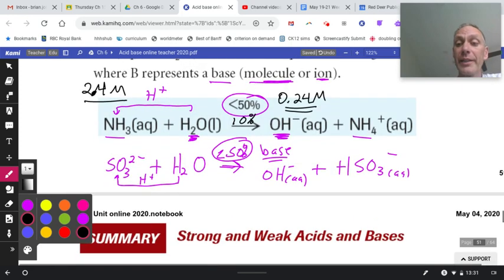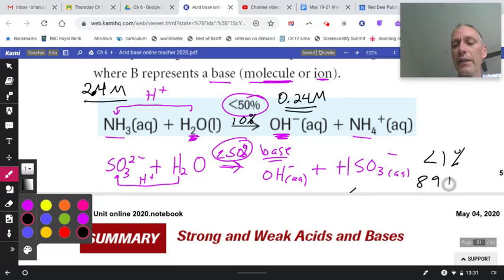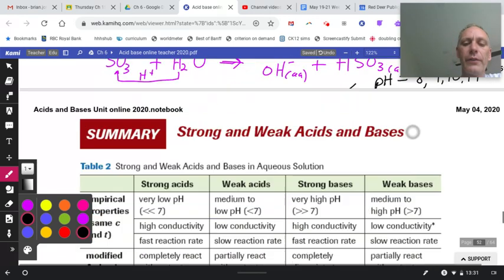And there are lots of bases that are less than 1%. So weak bases will have pHs of 8, 9, 10, maybe up in that 11 range. It depends on concentration and percent reaction, but they're definitely closer to 7 compared to the strong bases.